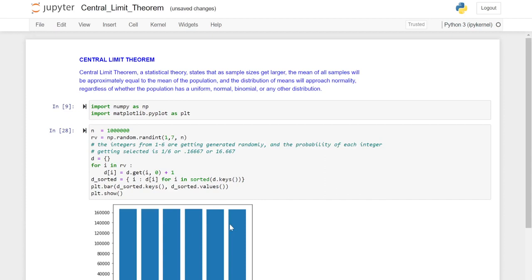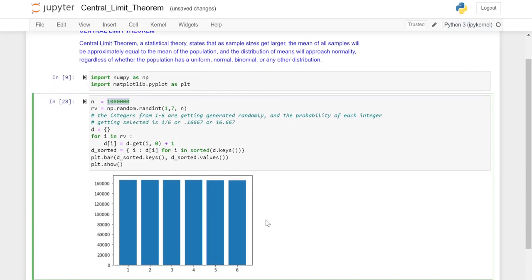Still the difference will be there, but compared to the number of numbers involved, the difference is going to be negligible. That is the idea. The frequency count is never going to be the same for all the numbers. That we have to make a note of.